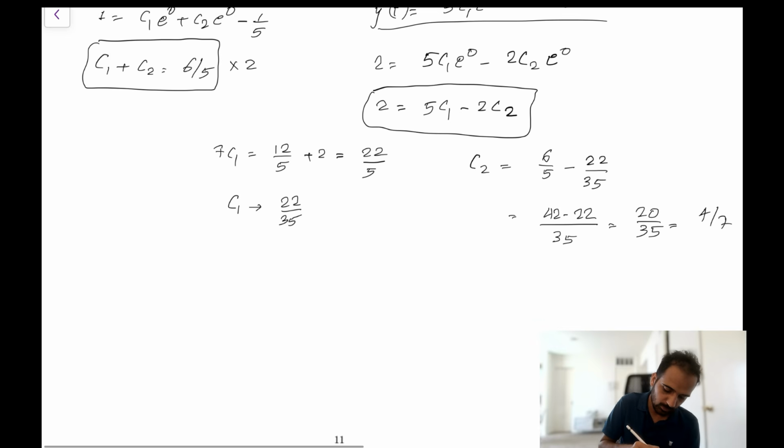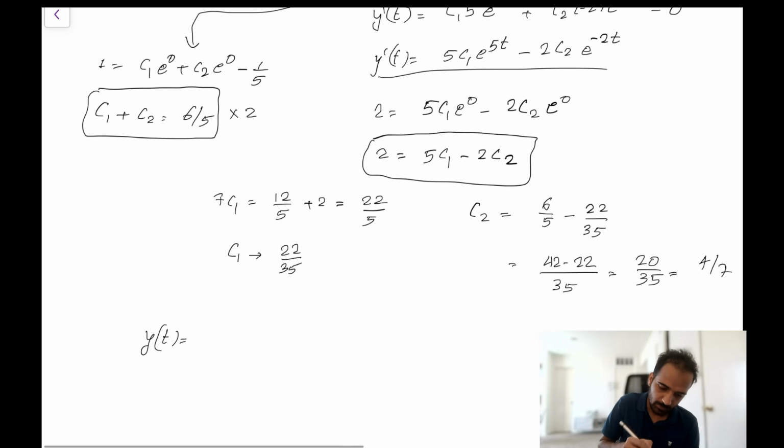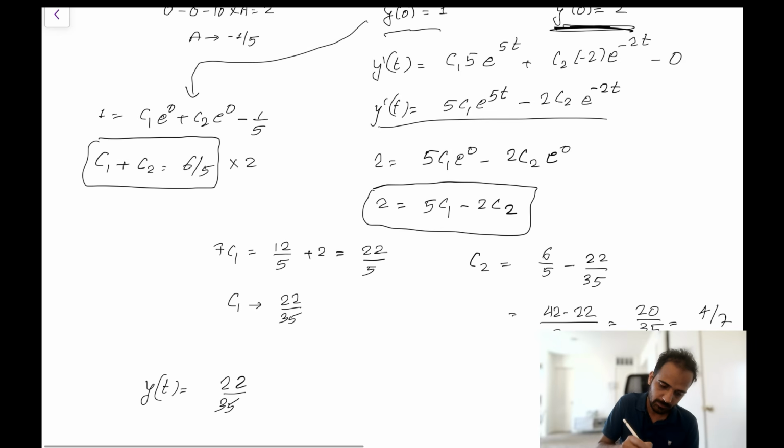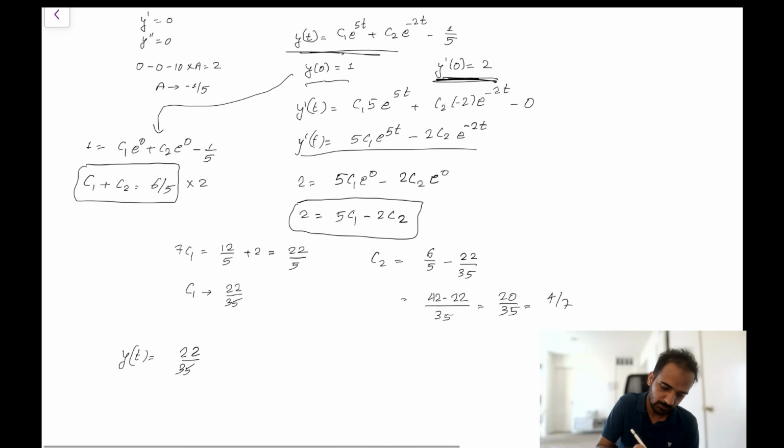So my exact solution, y of t, has c1 as 22 over 35. You can see here for the exact solution, this exponential 5t plus 4 over 7 exponential minus 2t and 1 over 5.